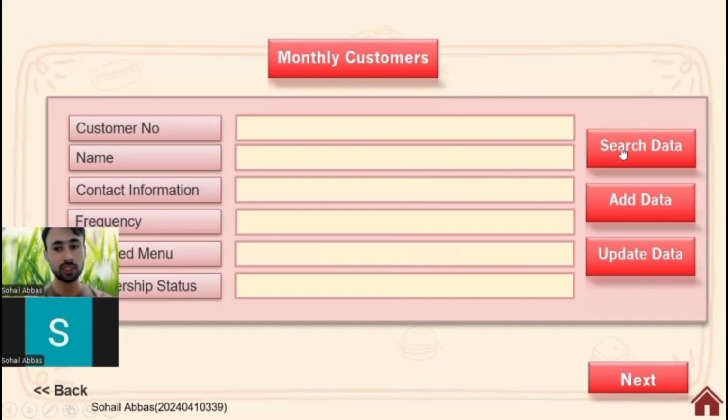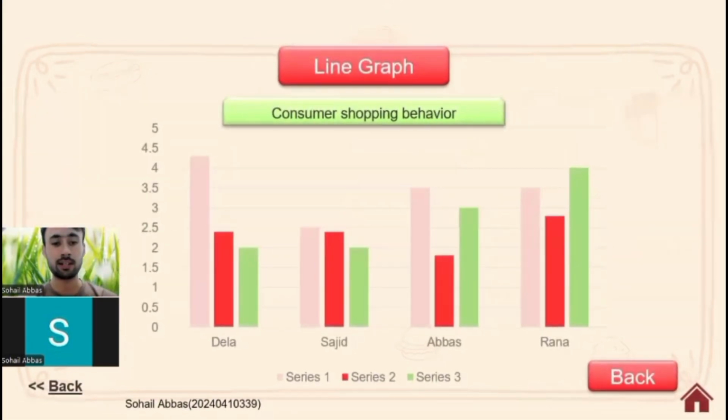Now you have search data, add data, and update data. You can update data by yourself, or add data or remove it by yourself. Let's say after putting in the numeric values, if you click on next, you will be directed to this line graph. Here it shows the representation of the numbers that you put in before.